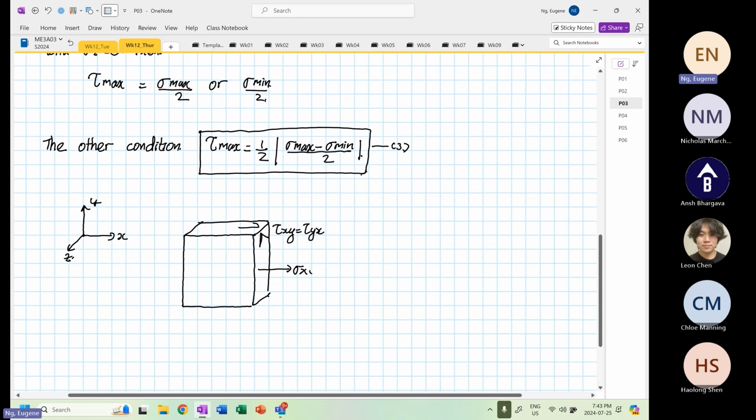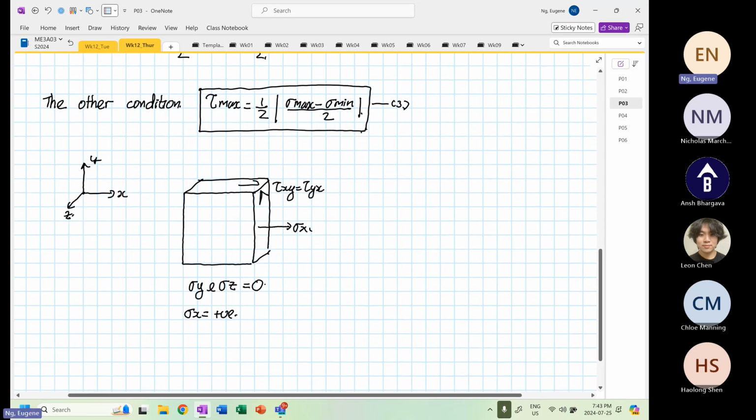For this case, our stress y and stress z are equal to 0. Stress x is positive in tensile, and shear xy is equal to shear yx, and this is our positive shear. It does not matter whether it's positive or negative.